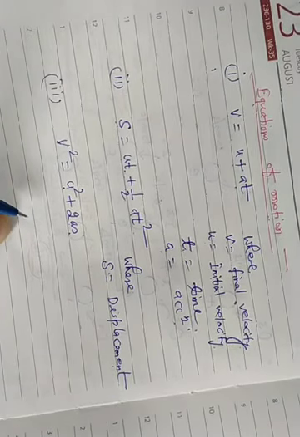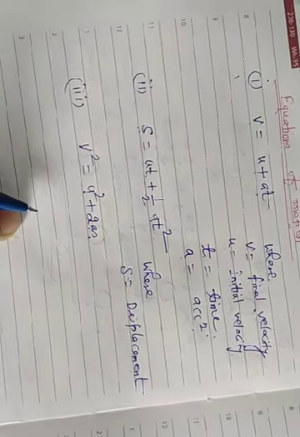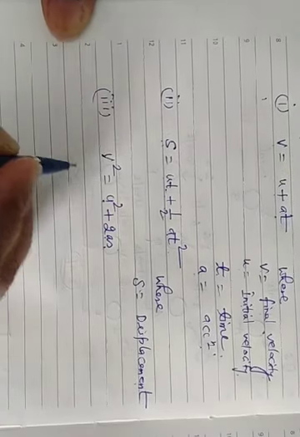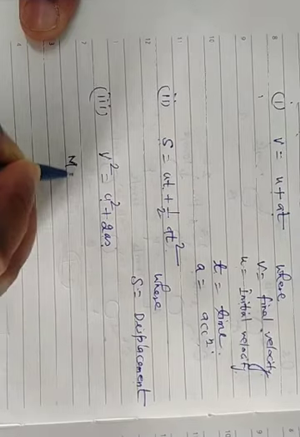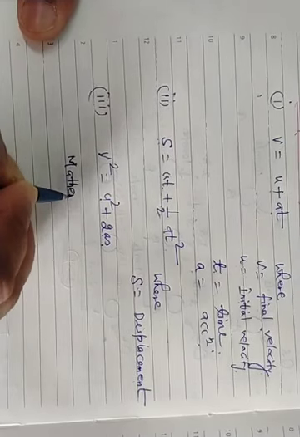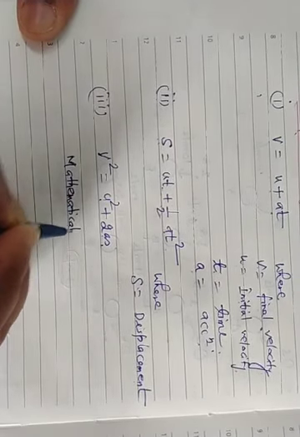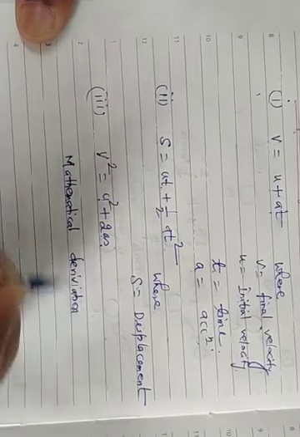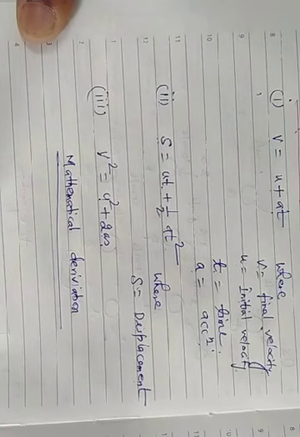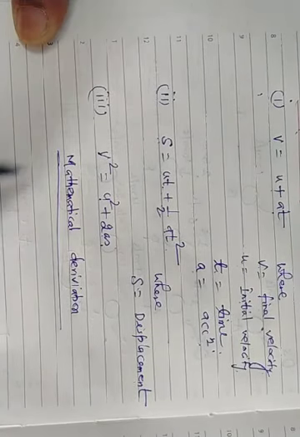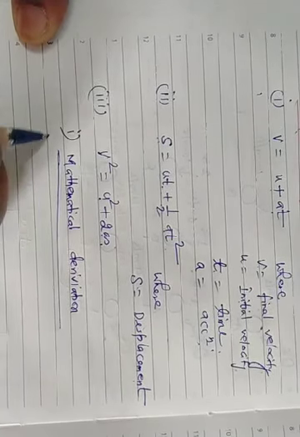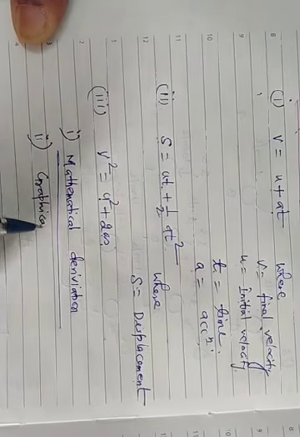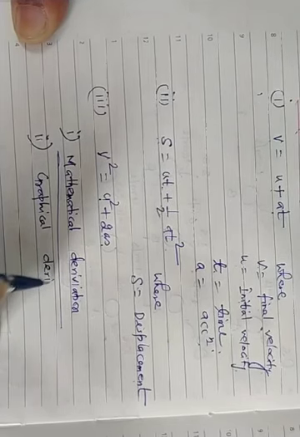In two ways we can derive these equations of motion. So what are the two ways? Number one is mathematical derivation, and another one is called graphical derivation.